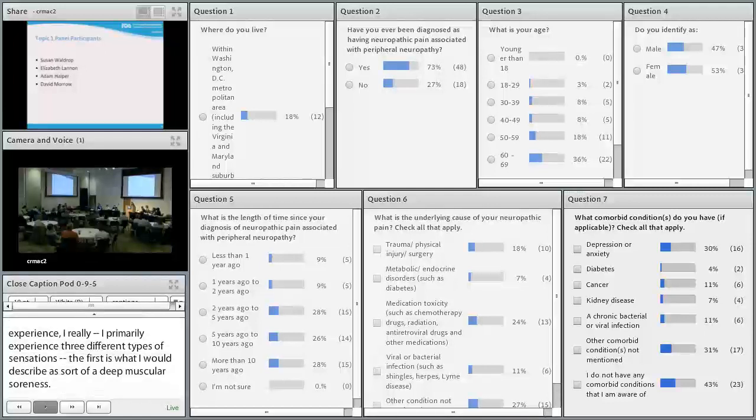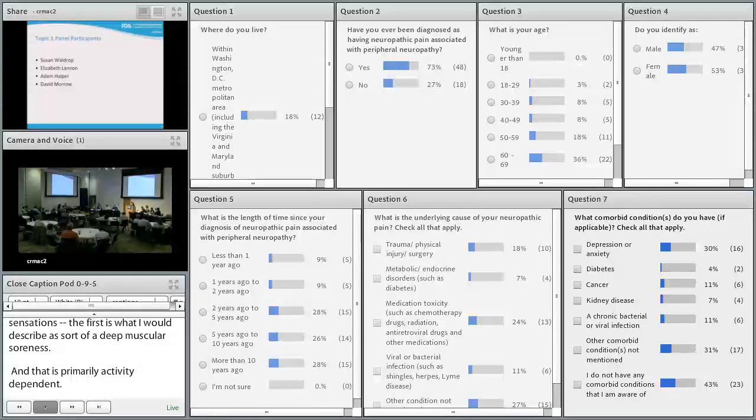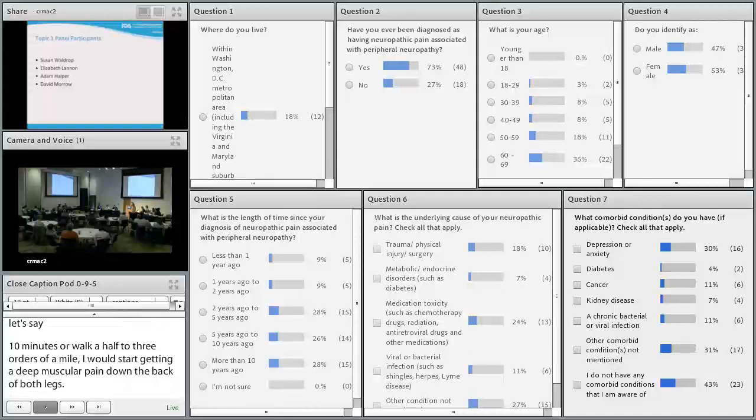So, for example, as I sit here right now, my legs feel almost entirely normal. But if I were to stand for, let's say, 10 minutes or walk half to 3/4 of a mile, I would start getting a deep muscular pain down the back of both legs, which primarily manifests in my calves, back of the knees, and hamstrings.